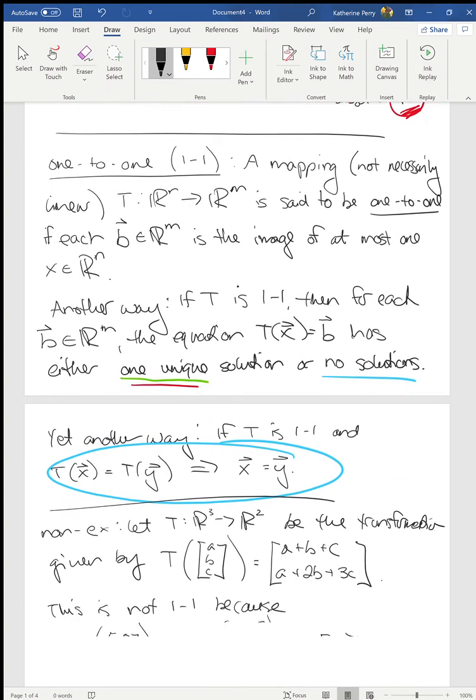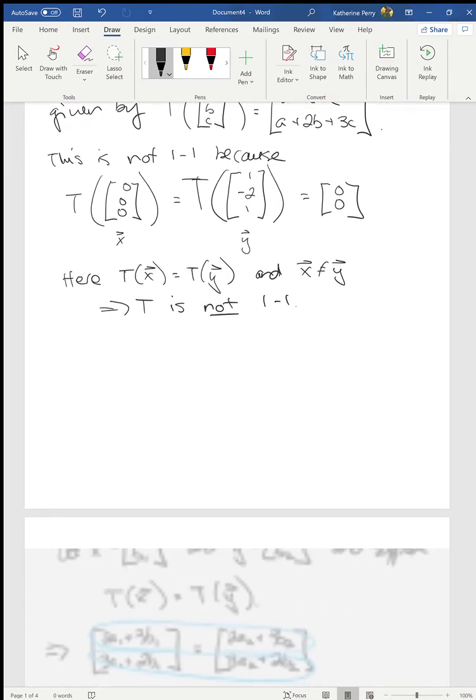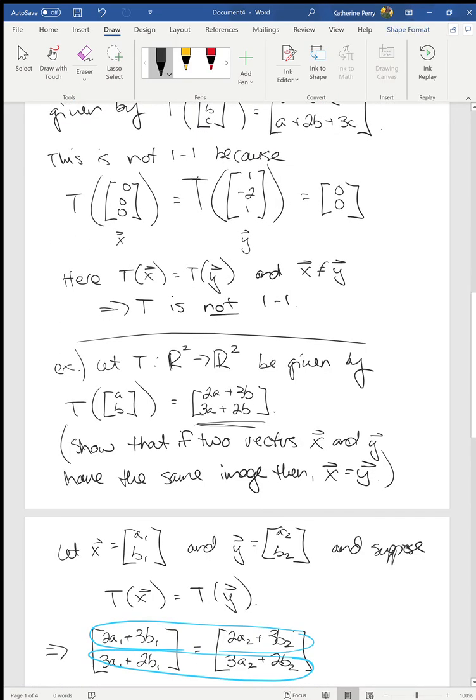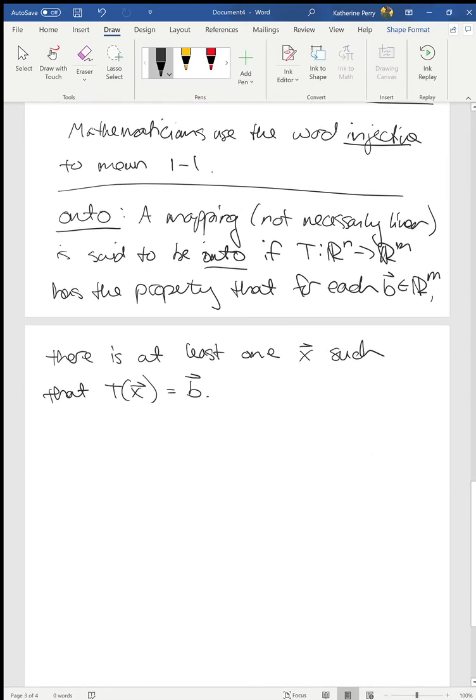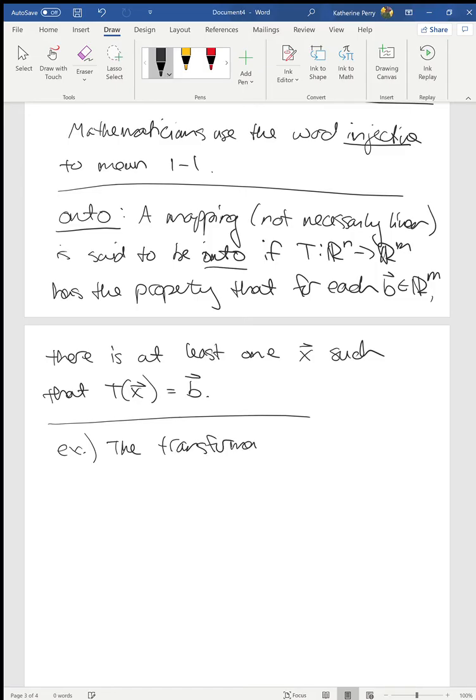Okay, and so let's do a quick example of what I mean by an onto transformation. Okay, example, the transformation T from R2 to R2 given by T of (a, b).